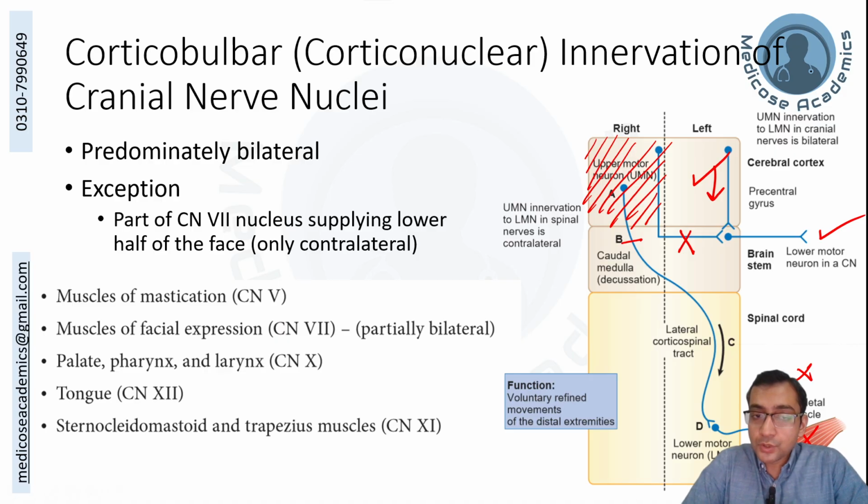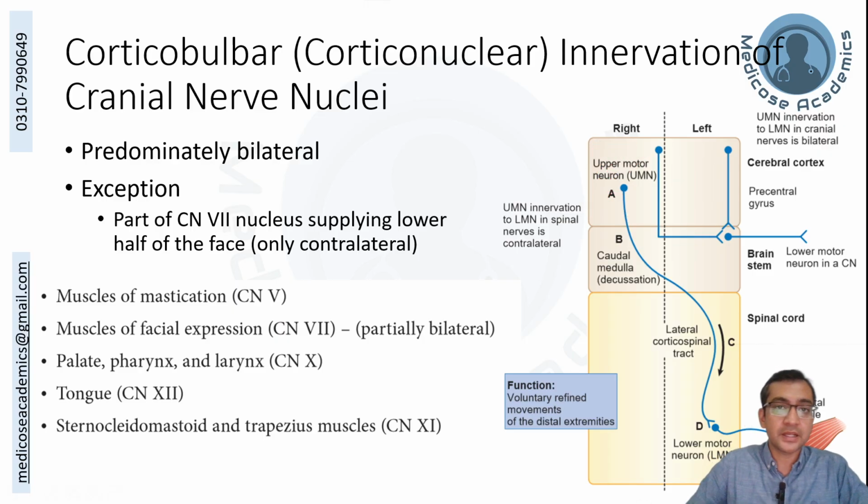So apart from those exceptions where only a contralateral supply is present, most of the cranial nerve nuclei are not affected with the stroke of one side because that is compensated from the other side.